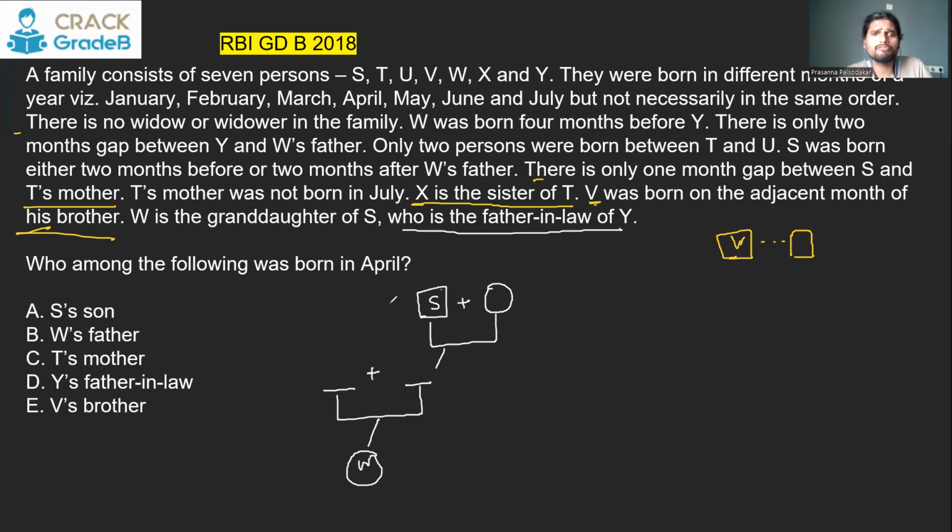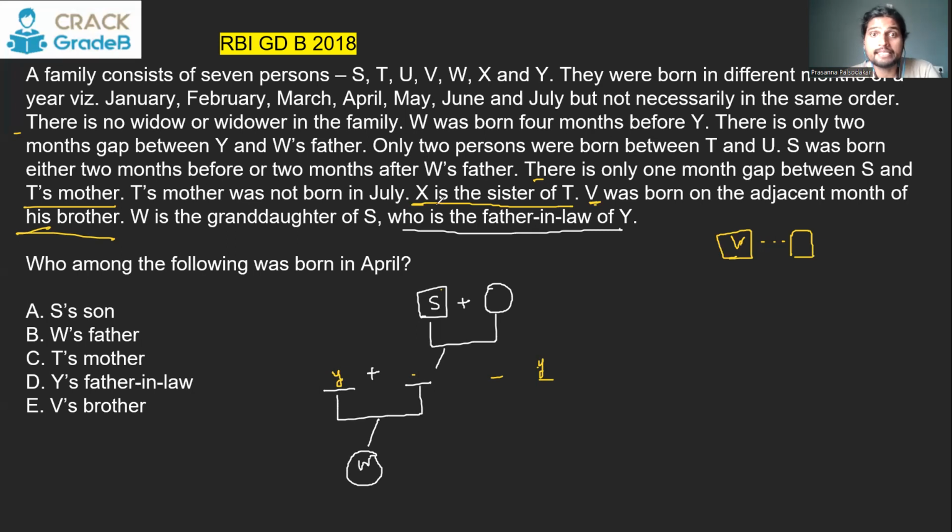So if S is father-in-law of Y, this person is the Y. Because the problem is, if you say this person is Y, or, sorry, not this person, not possible, but let's say there is another couple and Y is the father-in-law of this person here, then statements like this will be troubled.